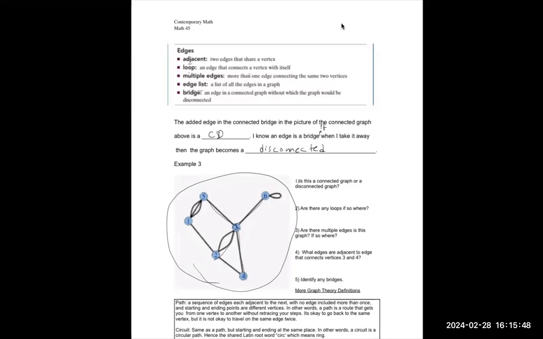So if I want to get to 6 from 1, I could go from here to here, then from here to here, then here to here. So basically there's a lot of black lines connecting to get to every single location here. So this is a connected graph. Nobody's isolated, right? Oh, it's a connected graph. I guess the correct answer would be connected.